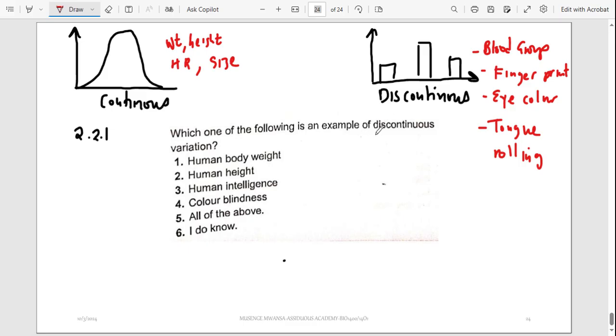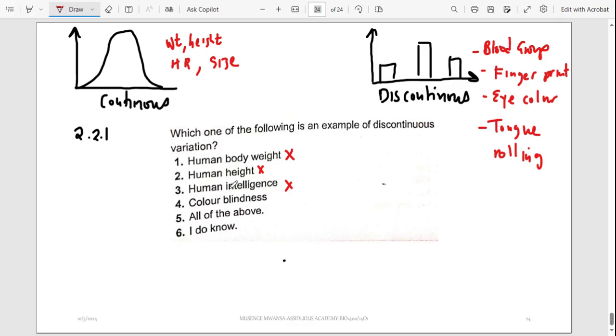So which of the following is an example of discontinuous variation? Height. This is continuous. Weight and height are continuous. Human intelligence is also a continuous variation. Someone can be dull, someone very intelligent, another very, very intelligent, another very, very, very intelligent. And then color blindness.